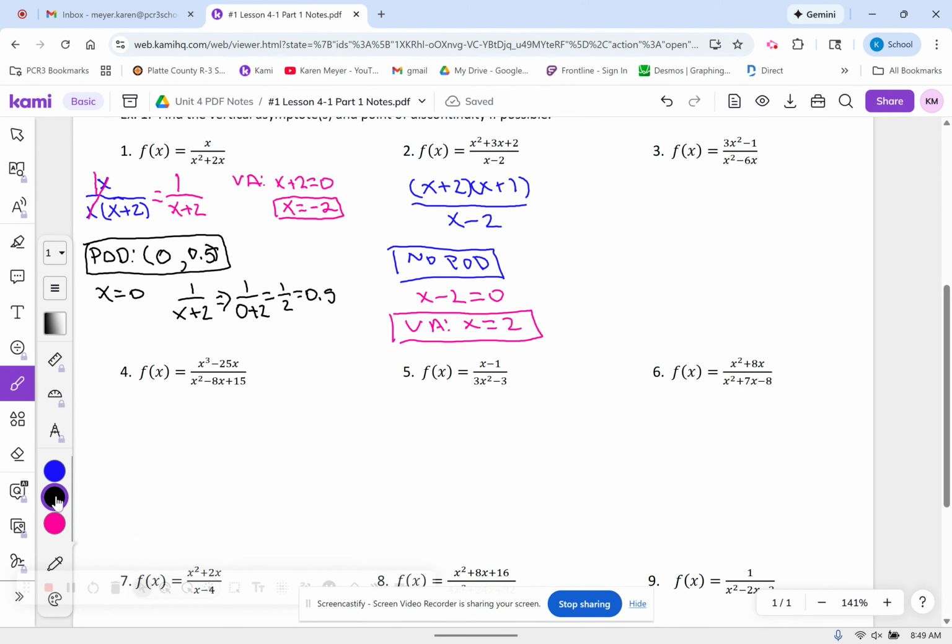Okay, third one. The top doesn't have a GCF, can't fast factor it, I can't do difference of squares, I can't do anything with it. So I'm just going to leave the top alone. On the bottom, I can take out an X as a greatest common factor, which gives me X minus 6. Nothing cancels out, so there's no POD.